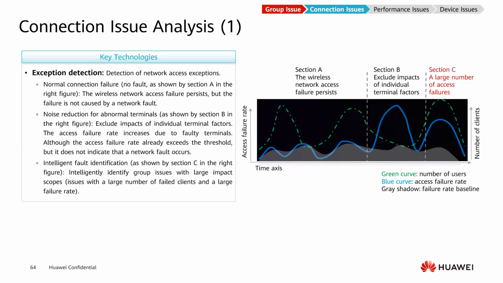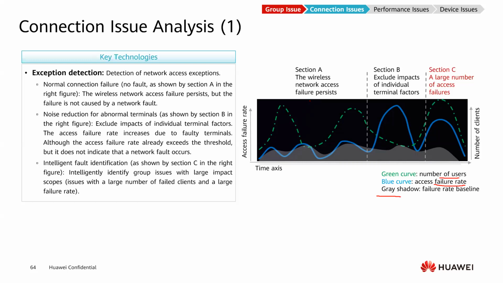For the connection issue, this is the access failure rate. The green color is the number of users, the blue is the access failure rate, and the gray shadow is the failure rate baseline.